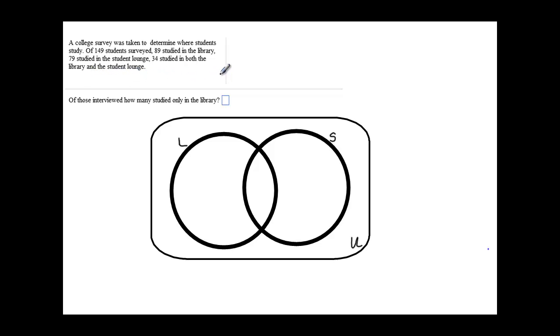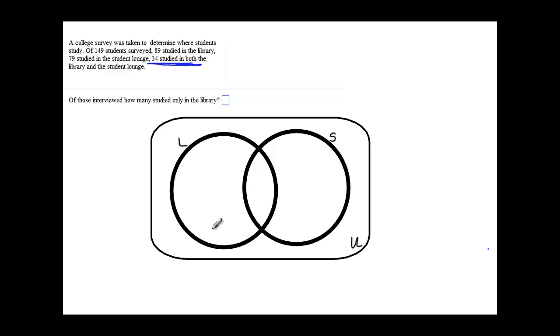And what we've learned from this section is that as we're writing our information in the Venn diagram, we want to start with the intersection of the two sets. So we can see from the problem that 34 studied in both the library and the student lounge.